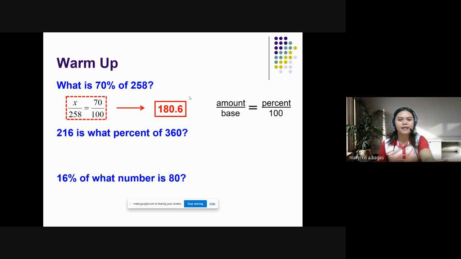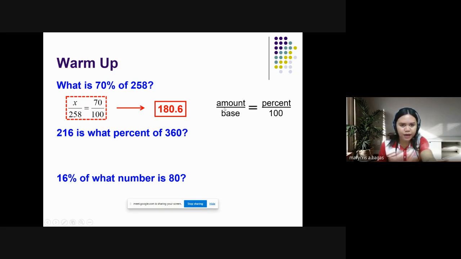Now, look at the screen. What we have here are fractions, right? We write it in fraction. We're looking for the x, the amount. What we have here is x over 258 equals 70 over 100.